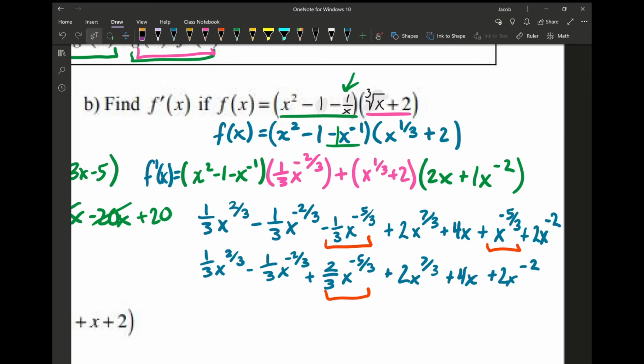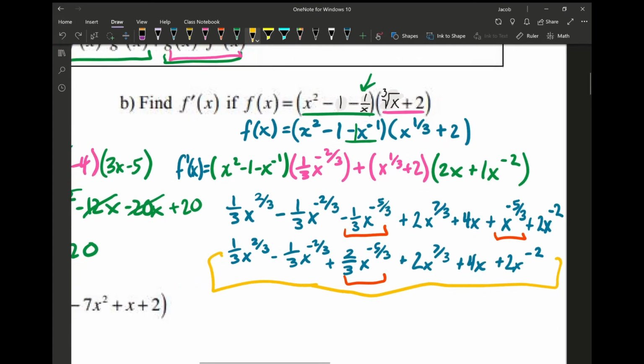We have the simplified form of this monster. We really can't combine any other like terms besides what I've underlined in red. The degrees have to match in order to combine like terms. So you can't add terms together unless they match in degree. So that's it for that one.